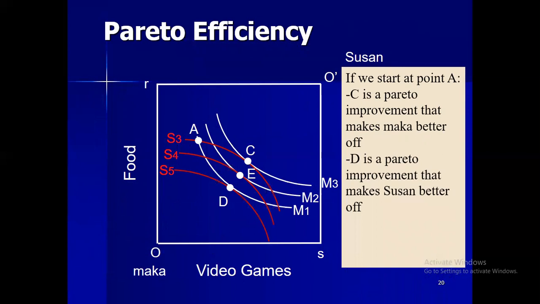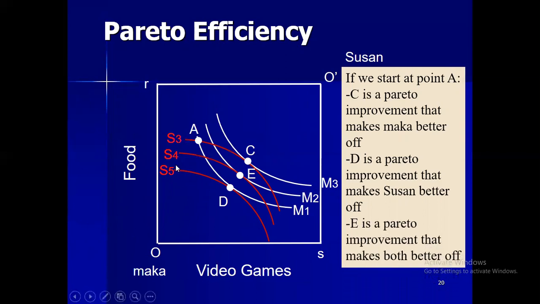D is a Pareto improvement that makes Suzanne better off. This point is far from Suzanne's origin, and this point C is farther from Muskan's origin. So this point makes Suzanne better off, and this point makes Muskan better off.